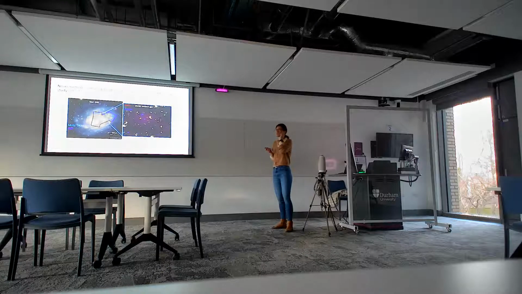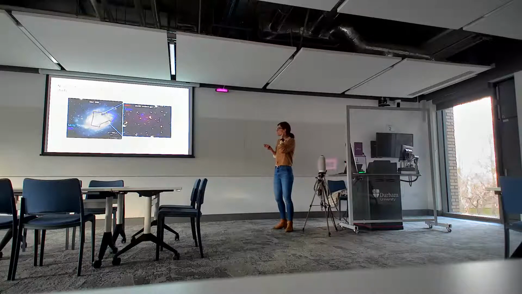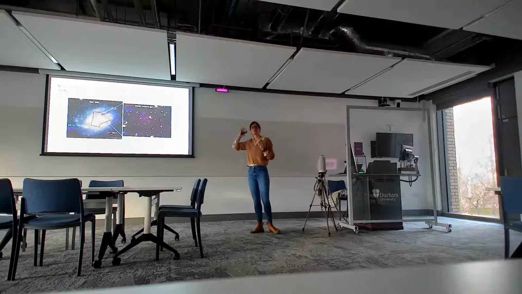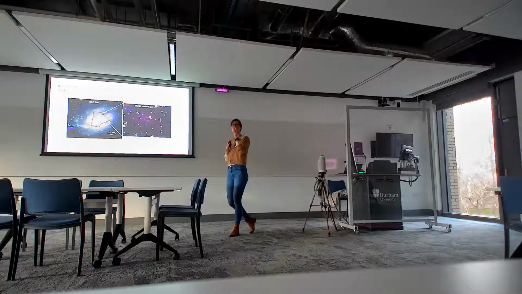I've talked about NGC 300 before, so this is one of these nearby galaxies, and it turns out that despite the fact that it's really far away, we now have the technology and the techniques to study individual massive stars, even at distances of a few megaparsecs, and megaparsec distance is proper far away, okay?